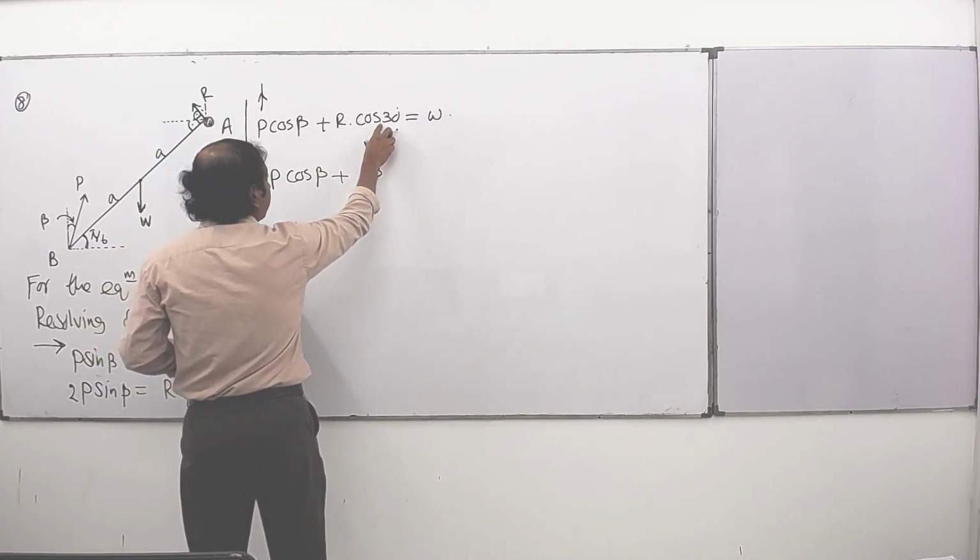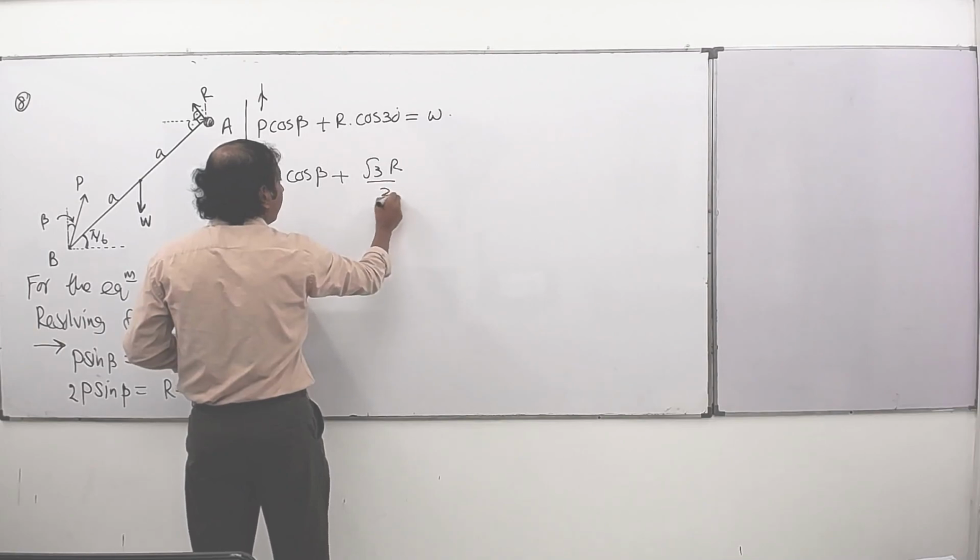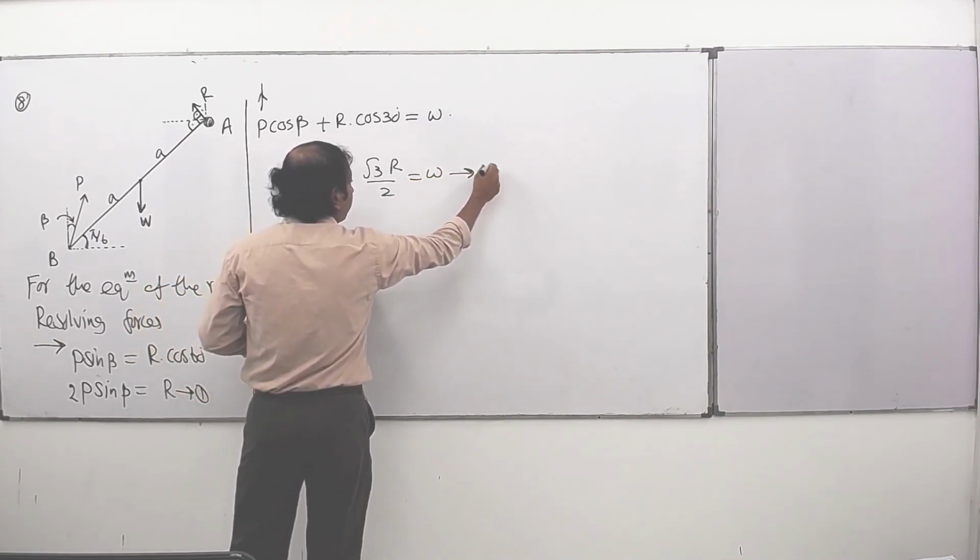Cos 30 is root 3 over 2. This way, number 2.